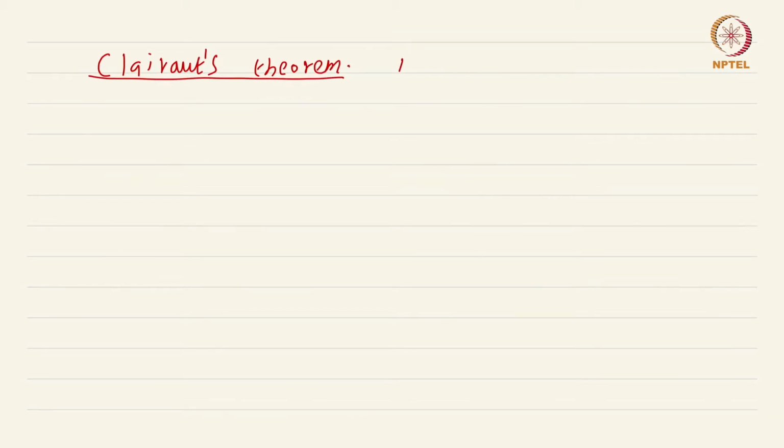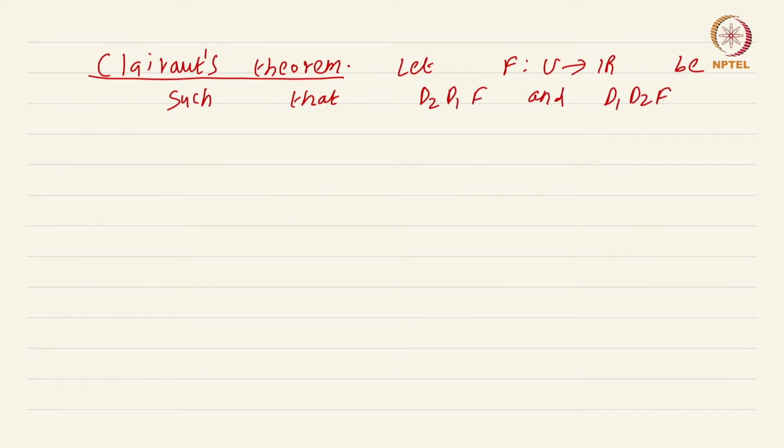So the setting is again as follows. Let f from U to R be such that d2 d1 f and d1 d2 f both exist and are continuous.